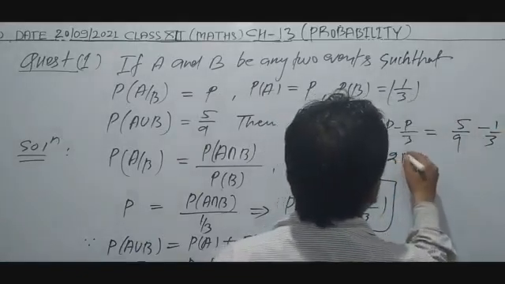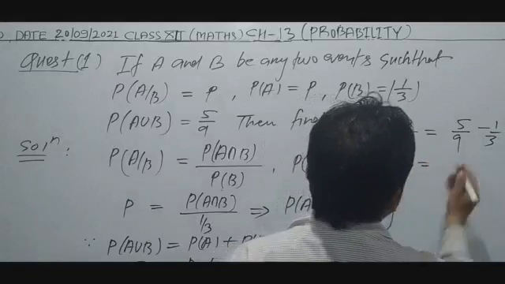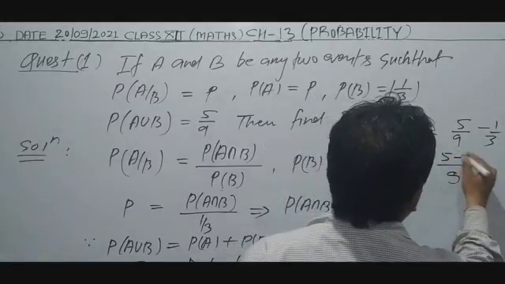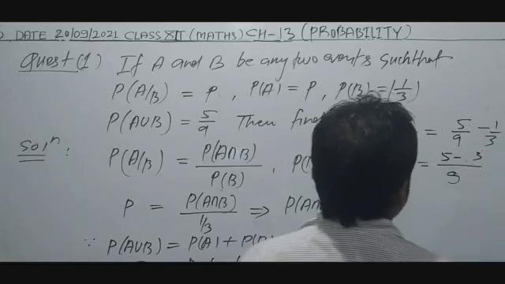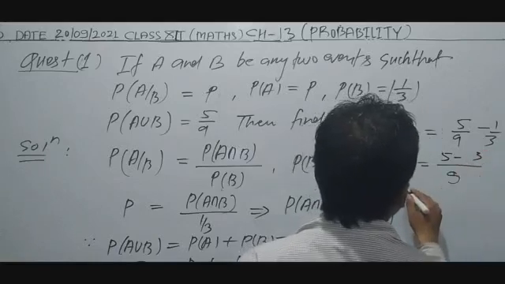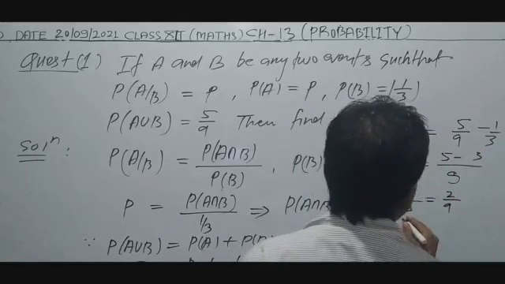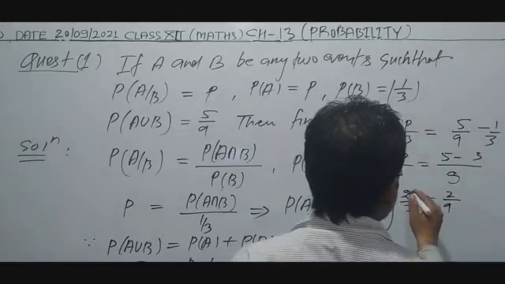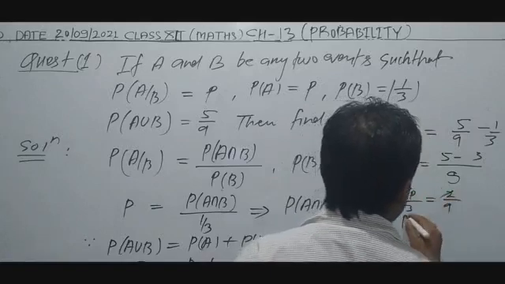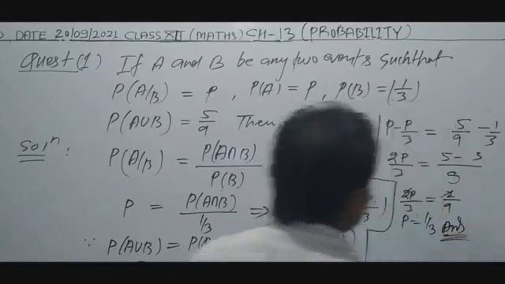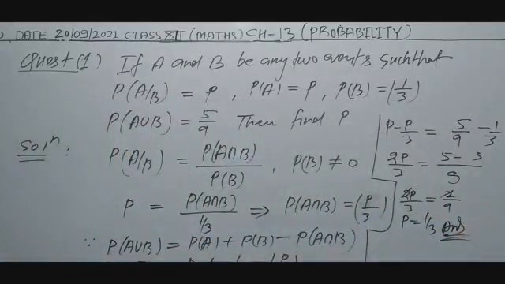Now the result will be 2P by 3 is equal to, LCM is 9, so 5 minus 3, that is 2 by 9. This implies P is equal to 1 by 3. Now 1 by 3 is the value of P. Now this question is completed.